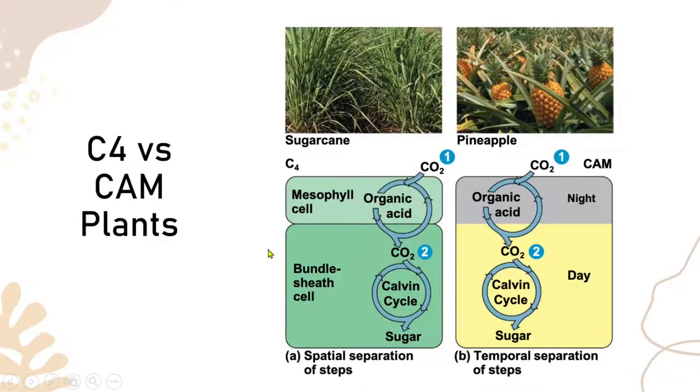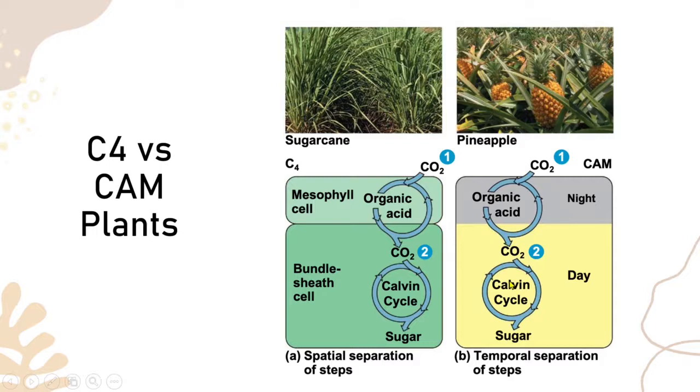So that's what's interesting. Okay, again, just to summarize the comparison, they have the same process. The carbon dioxide is fixed into a 4 carbon molecule, both for the C4 and also for the CAM, and then afterwards the 4 carbon molecule will release the carbon dioxide into the Calvin cycle for both of them.